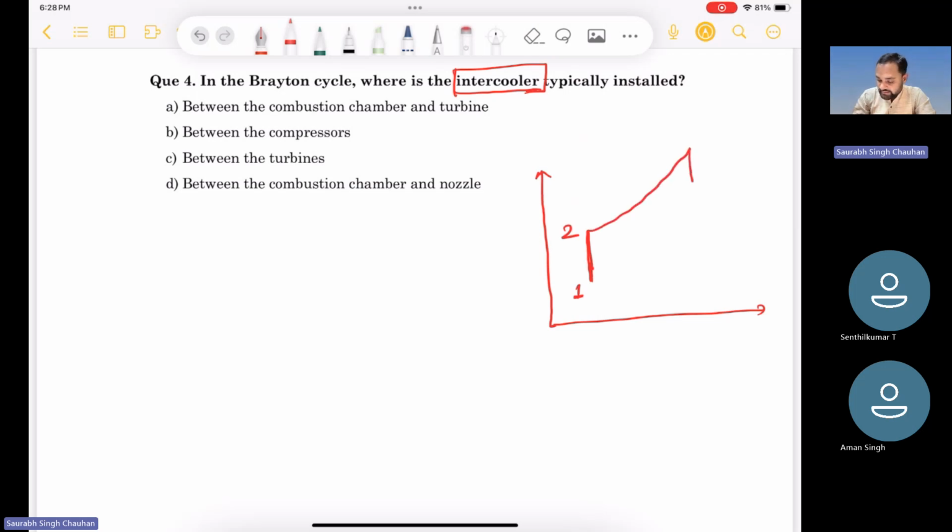But you know that in the case of isothermal compression, the work required for compression is minimum, right?